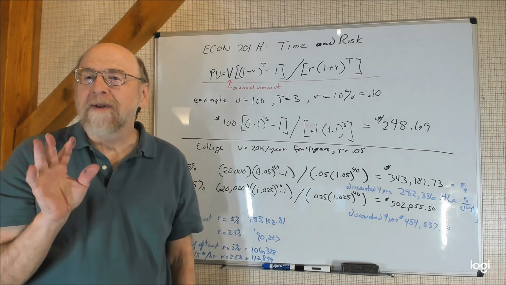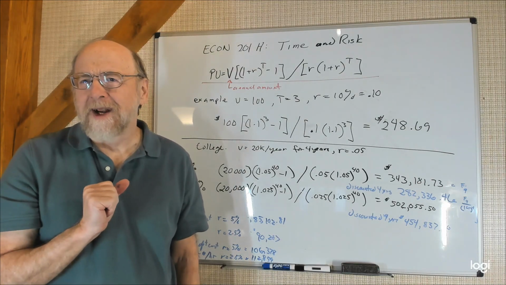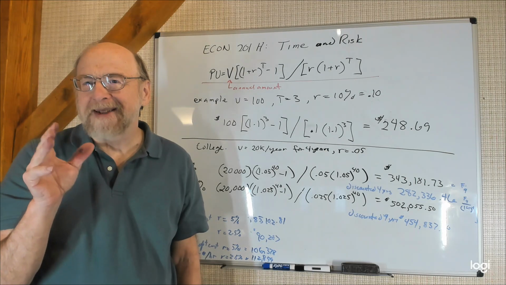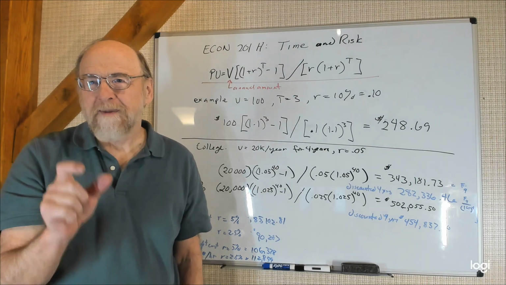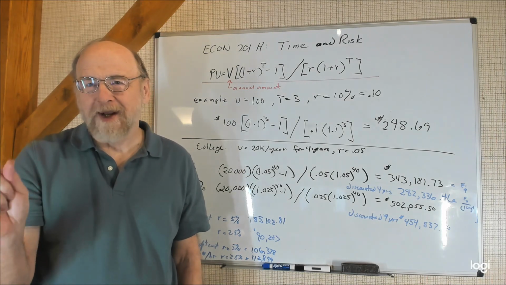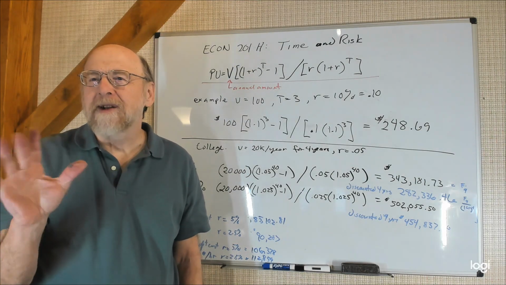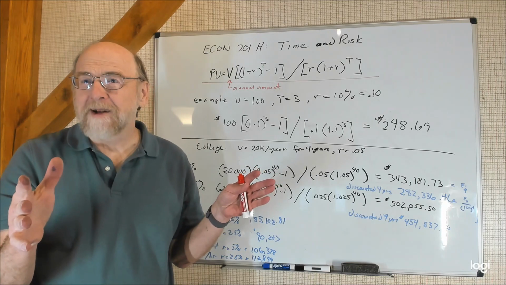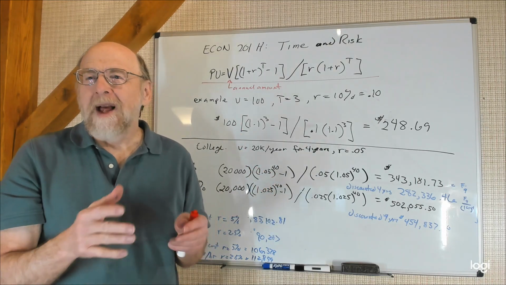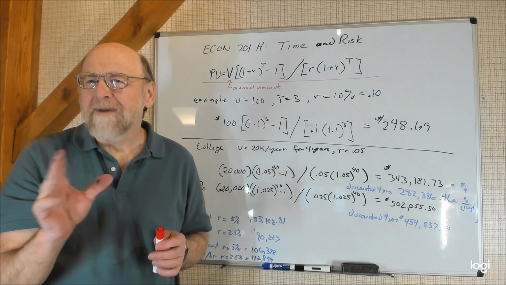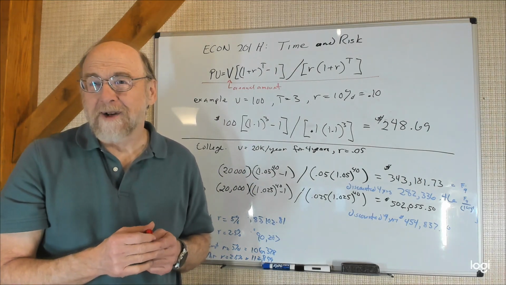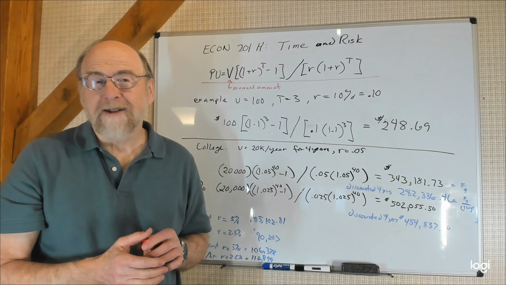If you remember from the tail end of the last lecture, I put up an example where you've got $100, 1 year from now, and then 2 years from now, and then 3 years from now. I wrote down the additive version of this formula, and I did some rough calculations, and I said that it would come out to be roughly $250 in present value terms if the interest rate is 10%.